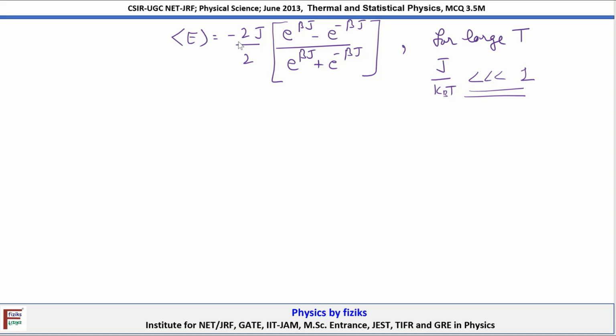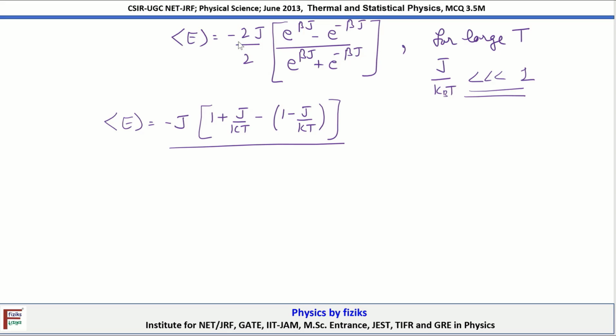So this is equal to minus J into 1 plus J upon kT minus 1 minus J upon kT, upon 1 plus J upon kT plus 1 minus J upon kT, where k is the Boltzmann constant here.